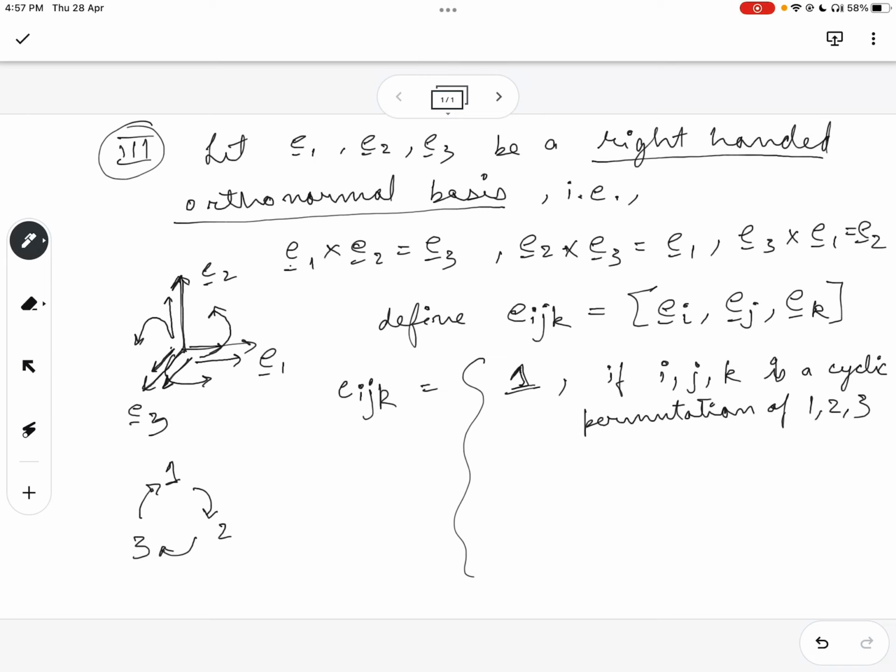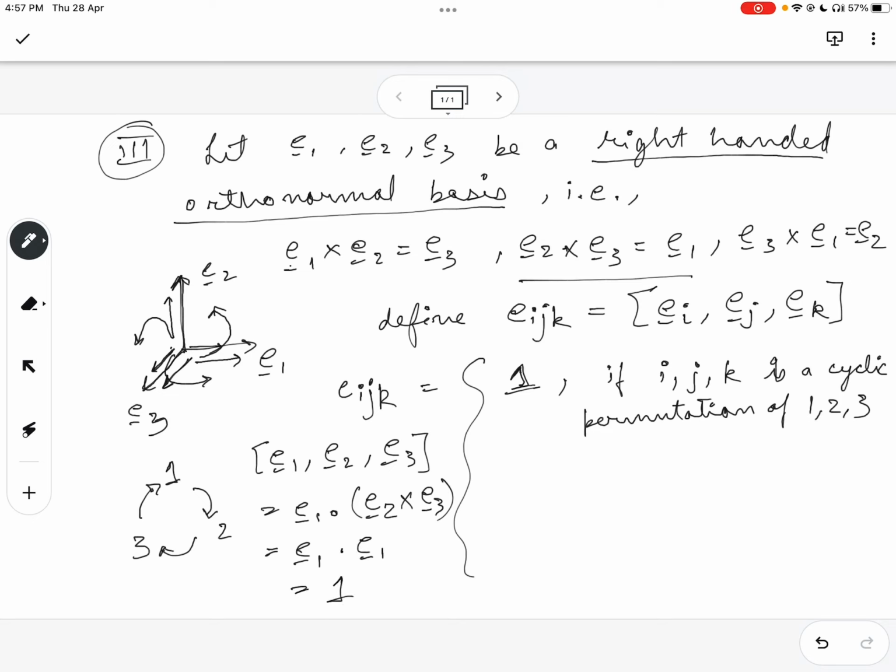For example, E1, E2, E3 is equal to E1 dot E2 cross E3, which from this definition is E1 dot E1, which is 1.